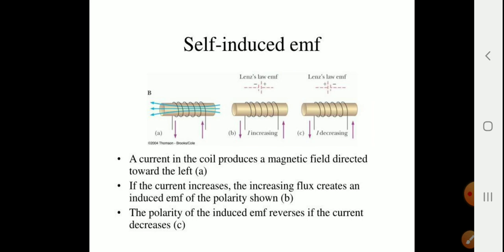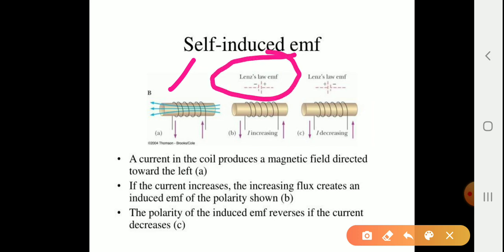This is the self inductance EMF, where we analyze the magnetic flux densities and the Lenz law EMF. If the current increases, the Lenz law EMF opposes it, and with the current decreasing the EMF reverses.